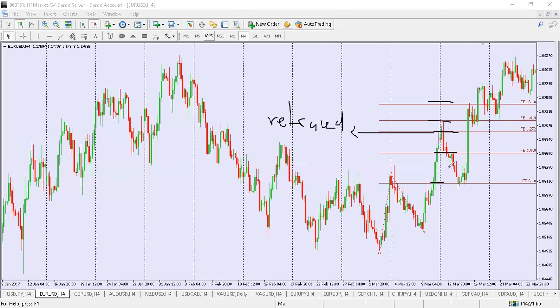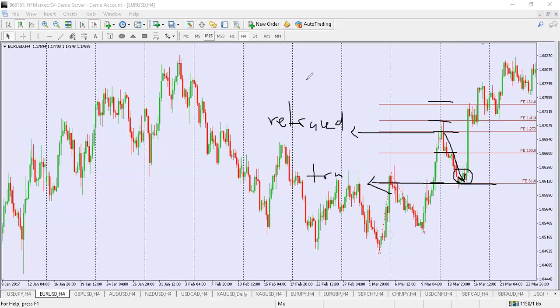Then we went all the way to this point here. Once we reach here, we'll look for a point where we can enter the markets. In case we entered here, that was good for us, right? That's very good. But in case you did not enter, you look for another point where you can enter.